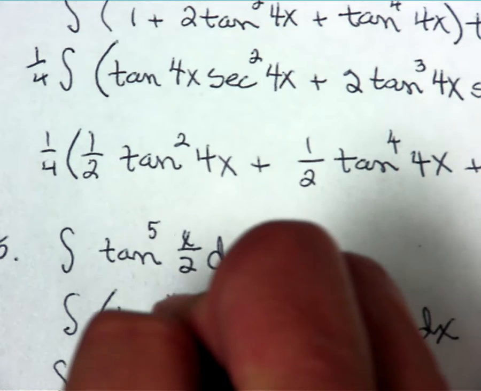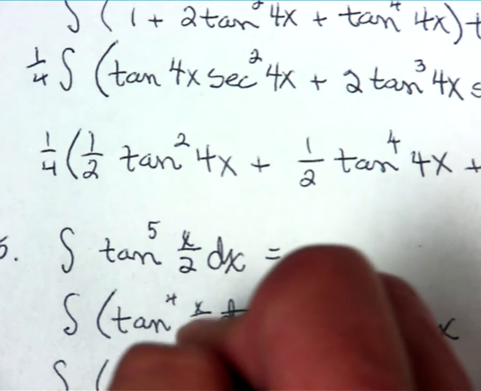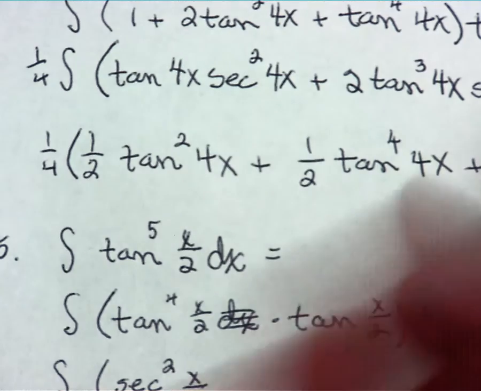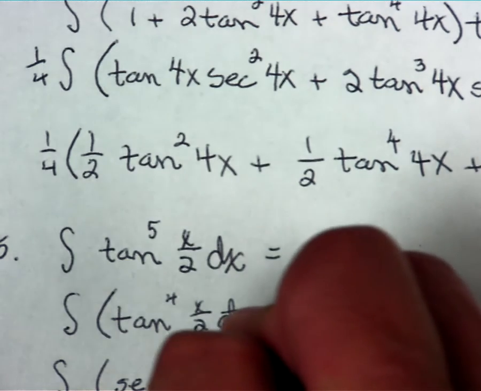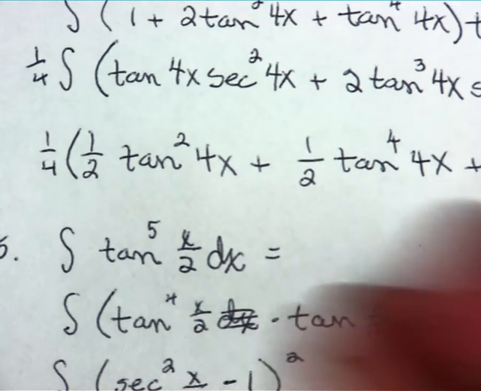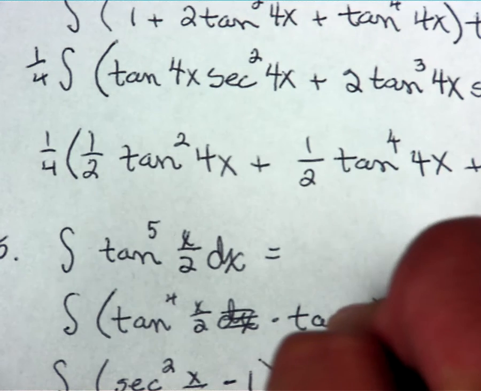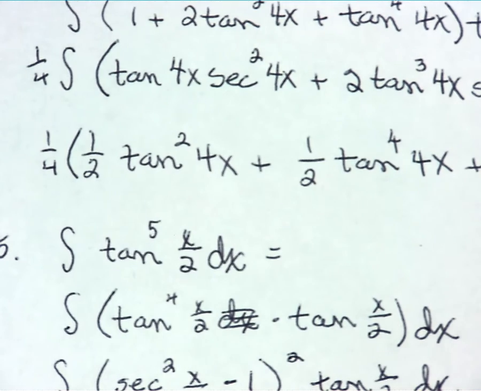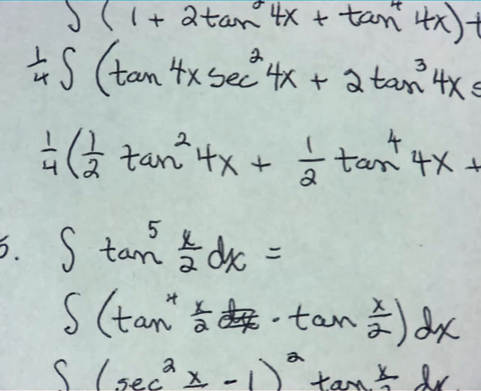You didn't have your -1? I haven't changed it to secant yet. Oh, okay. So secant squared -1, squared, times tangent x over 2 dx. So that's what you had on the next line, and I was misunderstanding where you didn't have a 1.